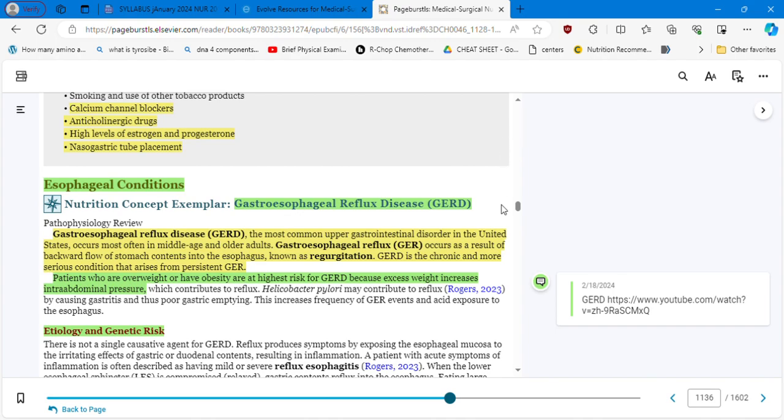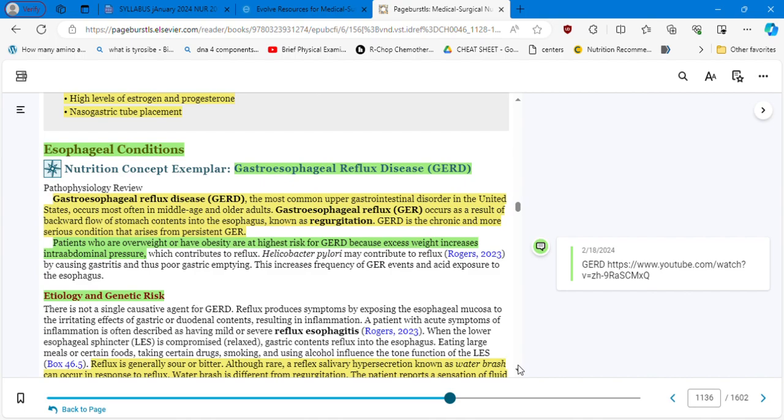So it's getting interesting. Esophageal conditions, especially gastroesophageal reflux disease, GERD. This is a topic that you need to master. Most of the reviews are considering this as the most important topic in this section.